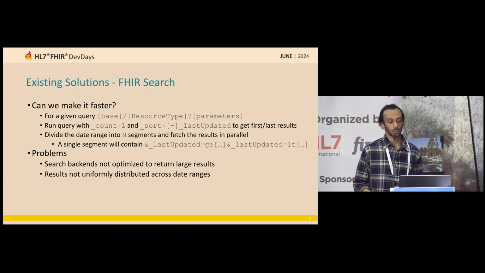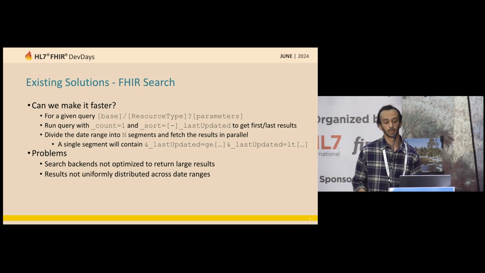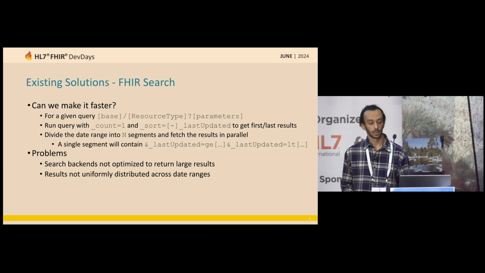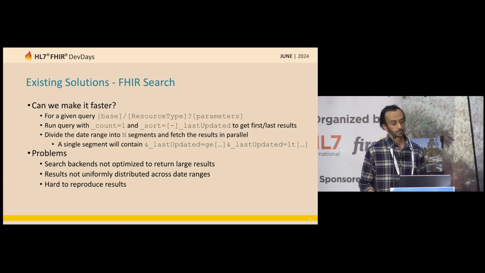So it's not uniformly distributed across these date ranges, and you may end up having one or two segments with the most number of results. So you wouldn't gain much by doing this kind of parallelism.